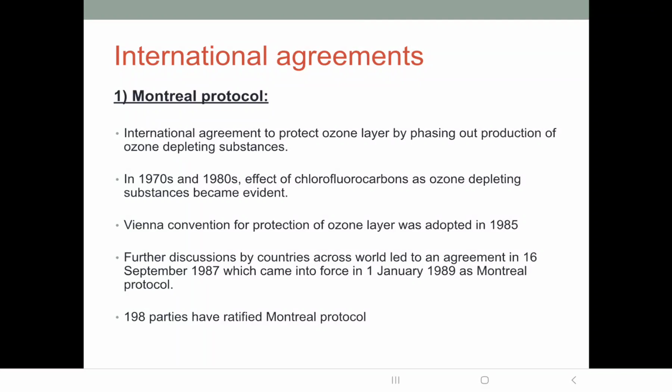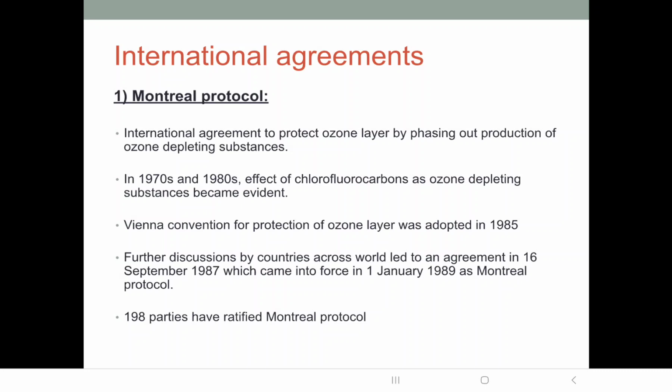Earlier we have studied about the ozone layer, that it is a protective layer in the stratosphere and it protects life on the earth from harmful ultraviolet radiations. So this protocol deals with, or regulates, the substances that are responsible for depletion of the ozone layer.